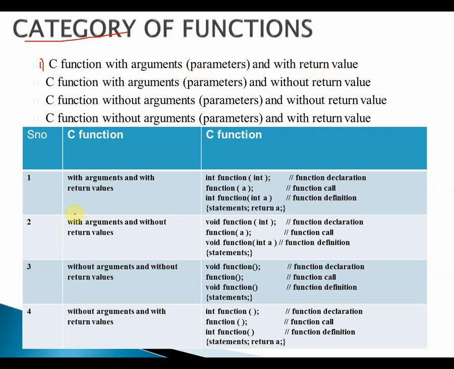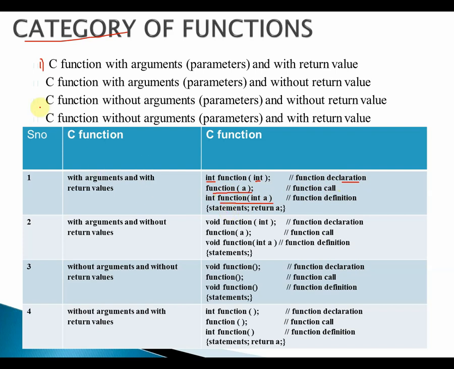So example of this is here, something like this way. There is a return type and a parameter. So this is how we would write the function declaration, this is how we would write a function call, and in the function definition this is how we would go about.